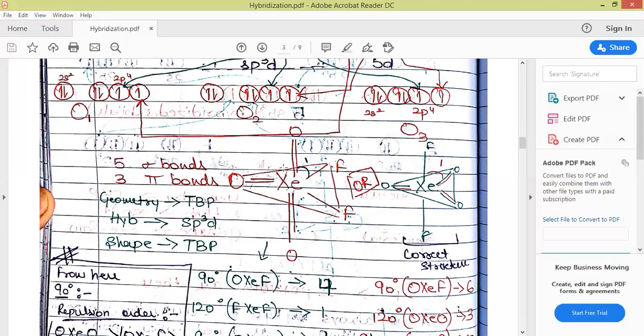So it is decided on the basis that the more electronegative atom is placed at the axial position. So fluorine is going to occupy the axial position while oxygens will be present at the equatorial position.